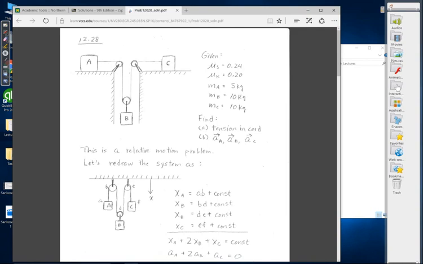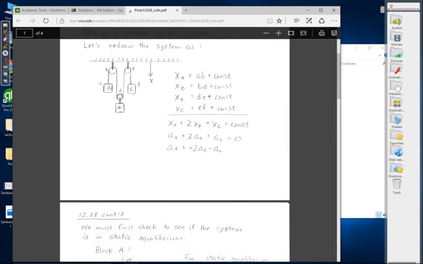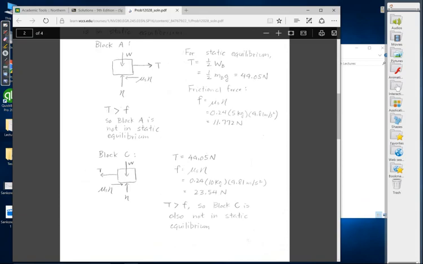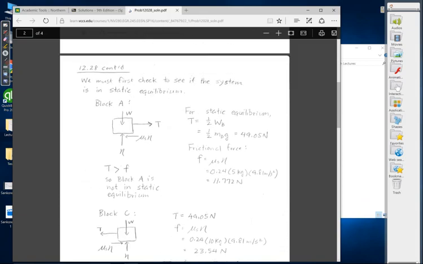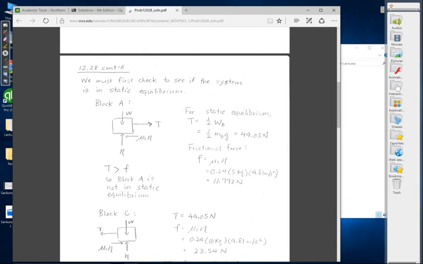And that's just the force on B that's pulling down. And then you've got 2 lengths of the cable that's pulling up on B, which means each tension is half the weight of B. So if you go down here, in order for me to have static equilibrium, you know that the tension acting on block A is half the weight of B, which works out to be about 49 newtons.